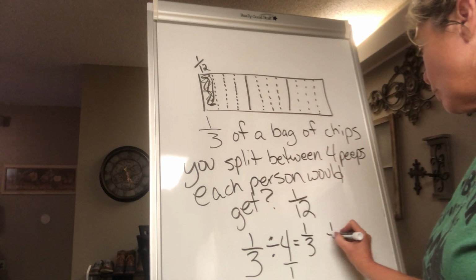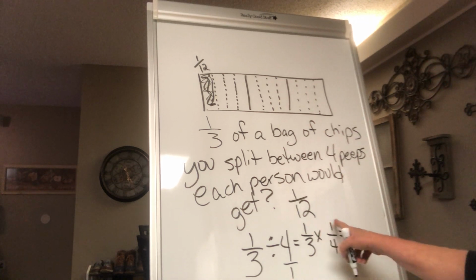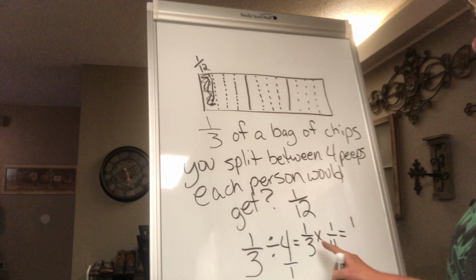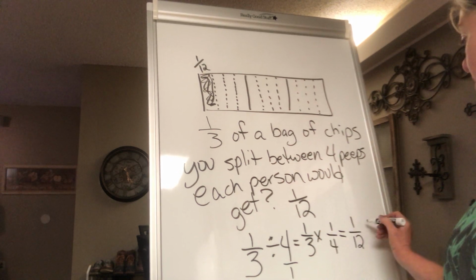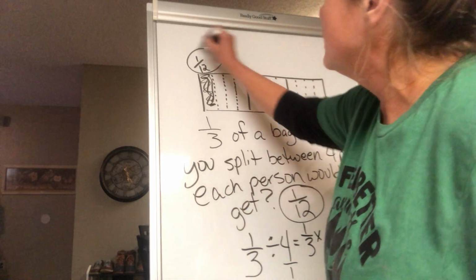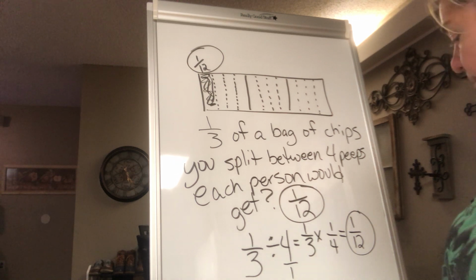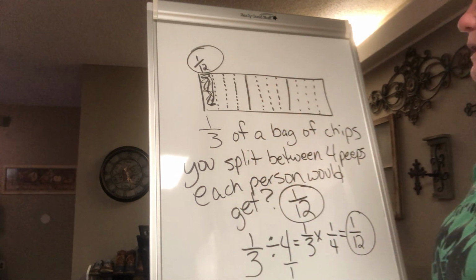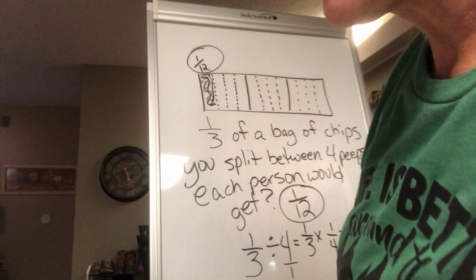So we would have 1/4, and then you multiply. So 1 times 1 is 1. 3 times 4 is 12. So 1/12. Again, we got 1/12. So now we've represented in 3 different places how this diagram could be used to show division of fractions.